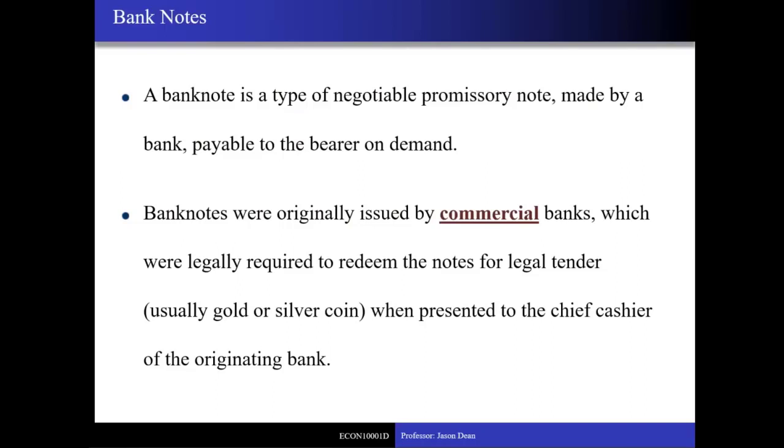Back in, say, the 1900s, any bank could issue a banknote. So you could have the Molson's Bank, the Bank of Montreal. You would have in circulation banknotes from all of those different commercial banks. And so you could go into a cafe, purchase a coffee with one type of banknote and get change in another type of banknote. And so that's how it was.